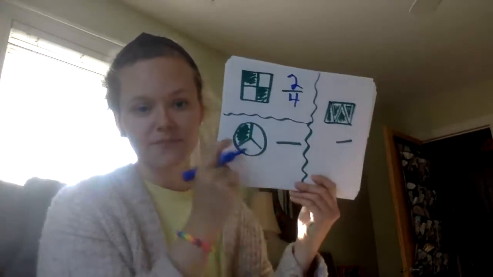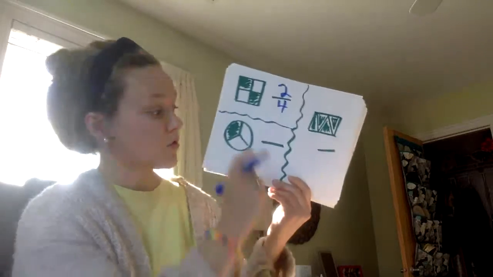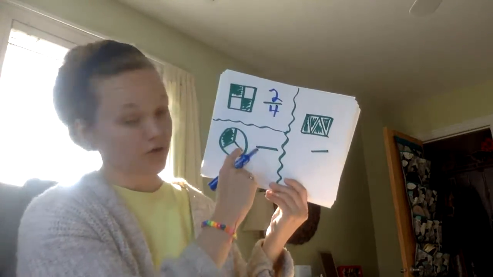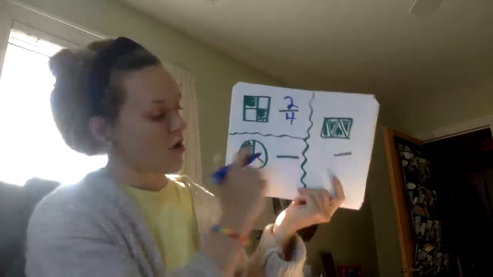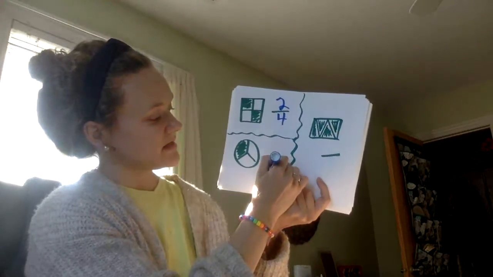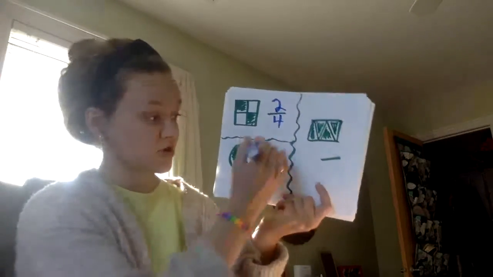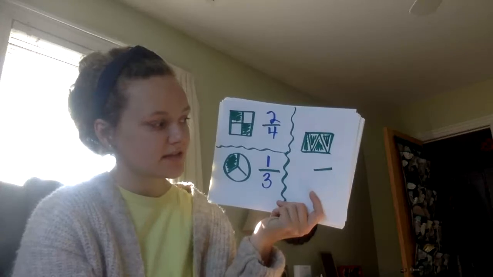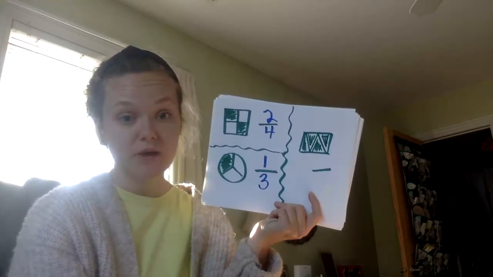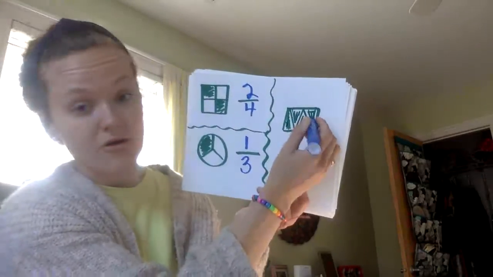What about the bottom one? How many parts do I have total? 1, 2, 3. Is 3 going to go top numerator or bottom denominator? Denominator, right? And how many shaded in? Just 1, right? 1/3. Okay, last one. How many equal parts do I have in my whole shape? 1, 2, 3, 4.